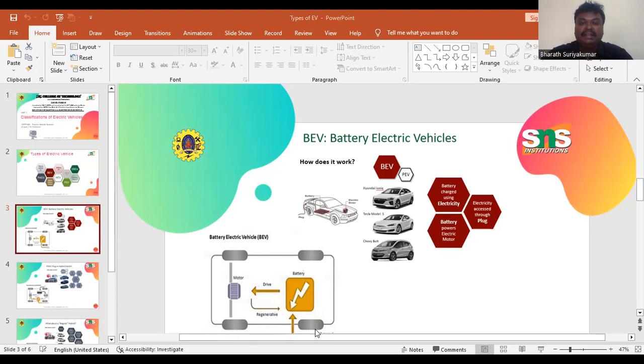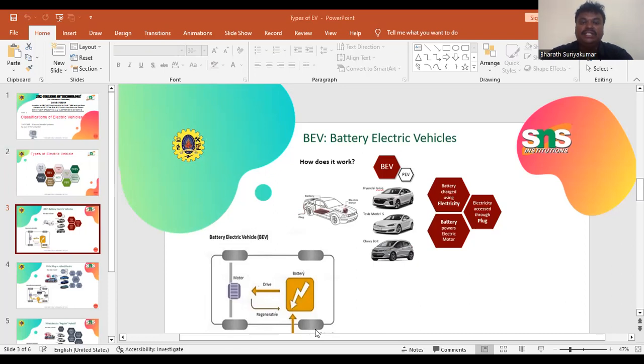These battery electric vehicles run solely on the electrical energy stored in the battery. The primary components of BEV include a battery pack, an electric motor, and power electronics, along with other systems such as regenerative braking, thermal management, and charging infrastructure.